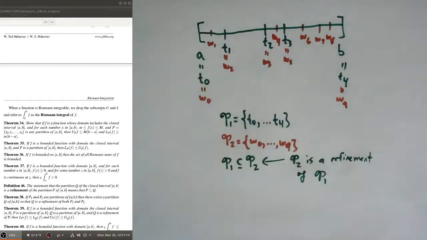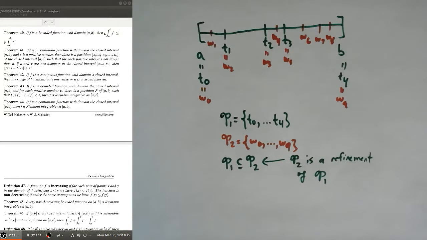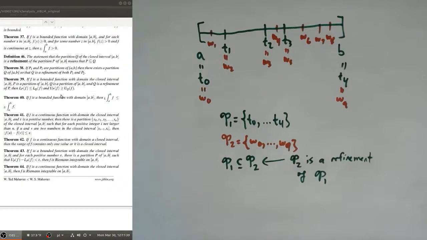In other words, you're making it more granular, and you have essentially better accuracy, if you think of it in terms of calculating an integral. If your partition is more refined, you generally have a closer answer to the actual integral, assuming the actual integral exists. So that's the notion of a refinement.